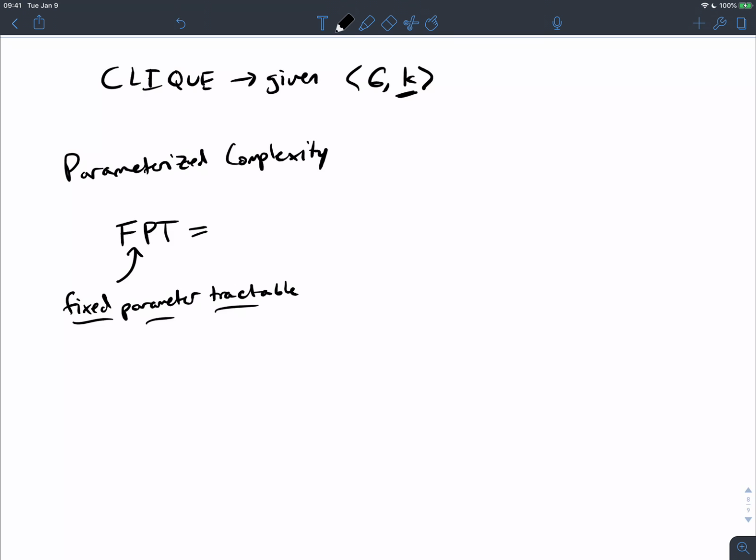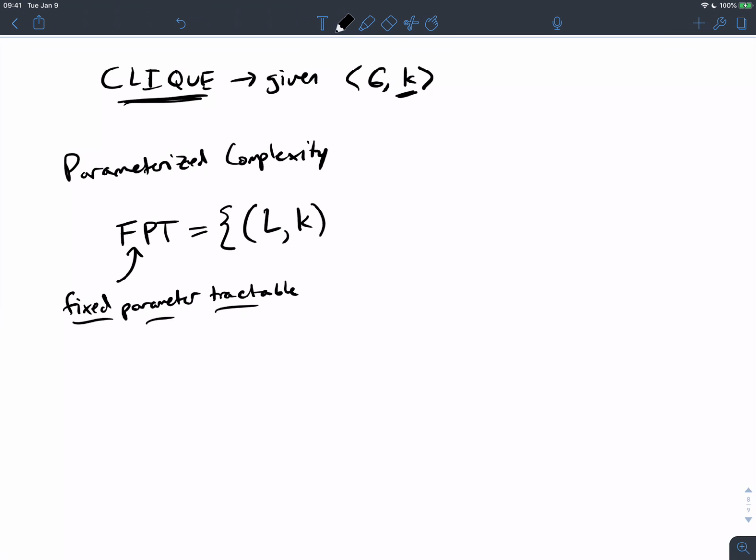So here, of course, this is a set. You're going to be given a tuple: a language L and the parameter k. If we wanted to do the same thing for clique, it would be clique comma k.